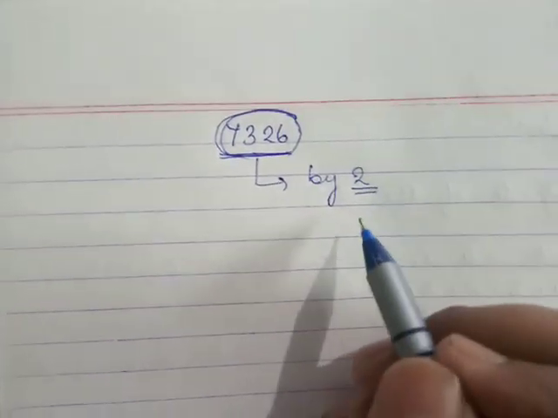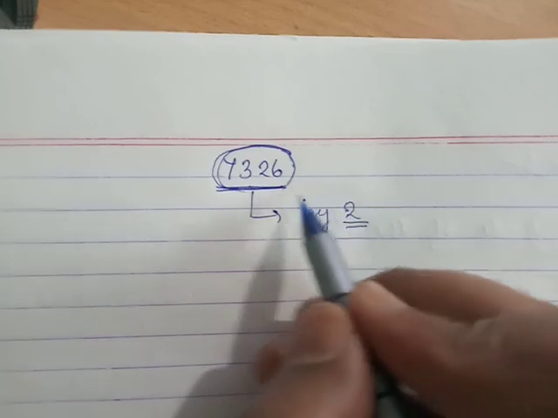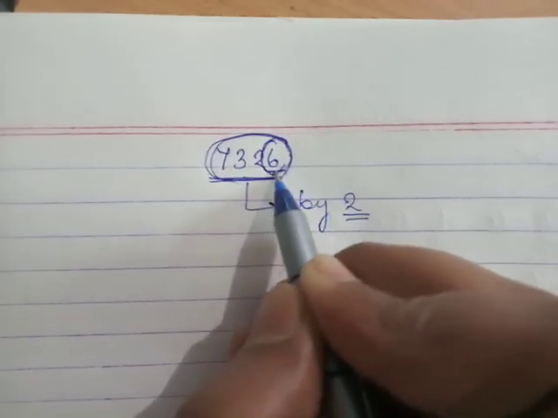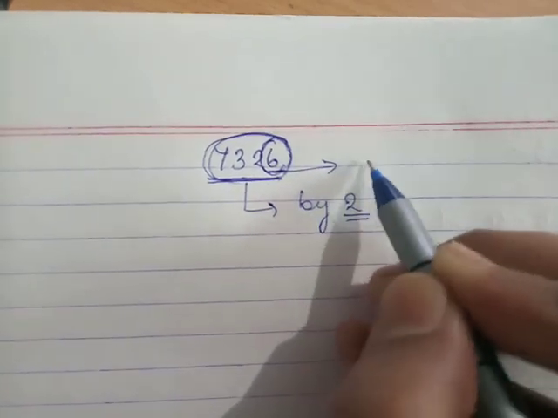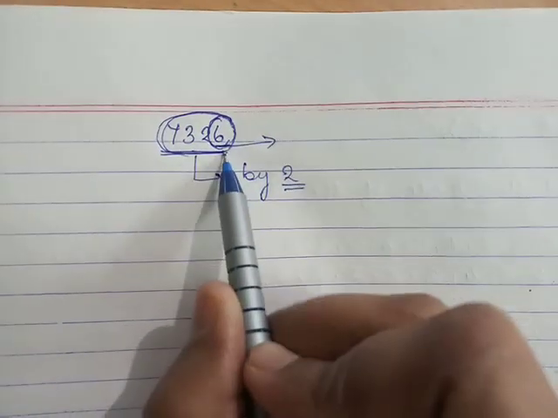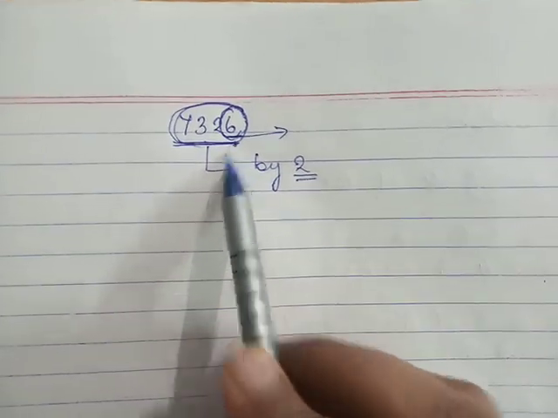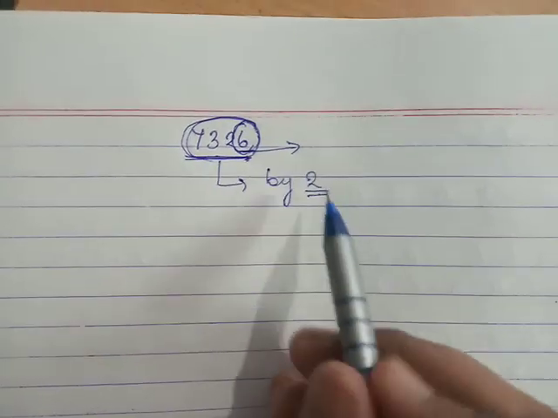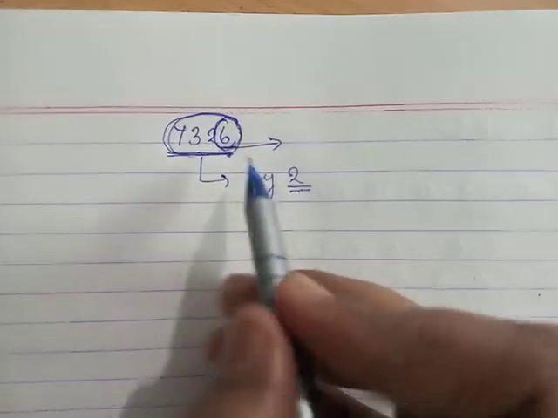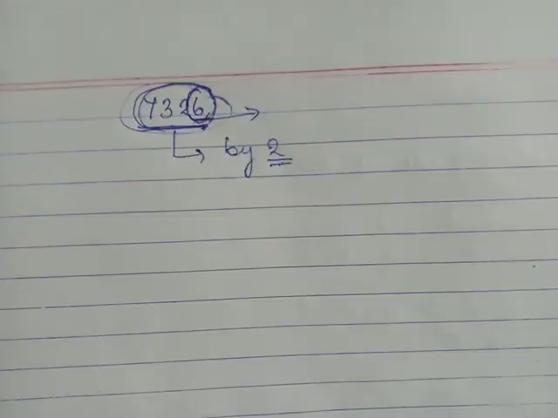The test says that if the unit digit is divisible by 2, then the number should be divisible by 2. We will see that 2 will cut 6 in 3 times. That means this unit place is divisible by 2, that means this whole number is divisible by 2.